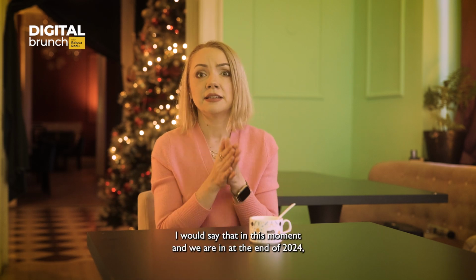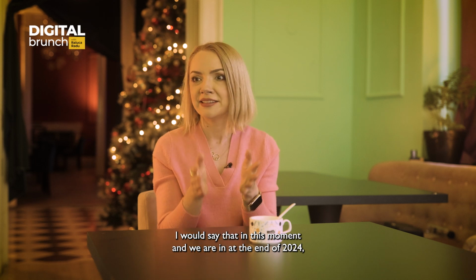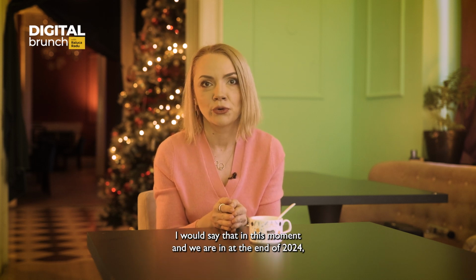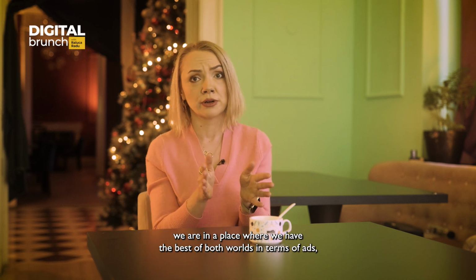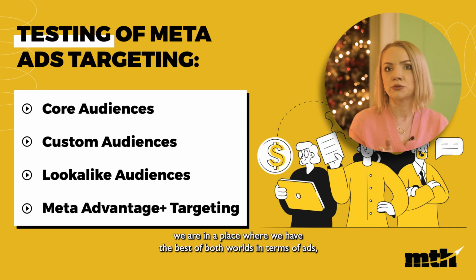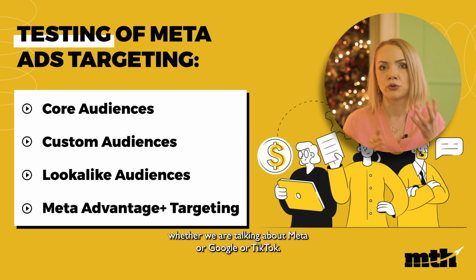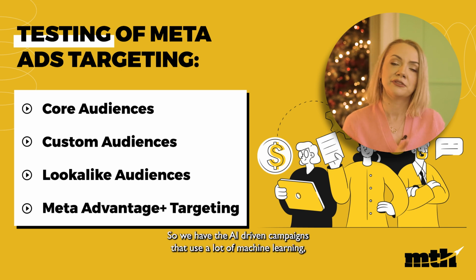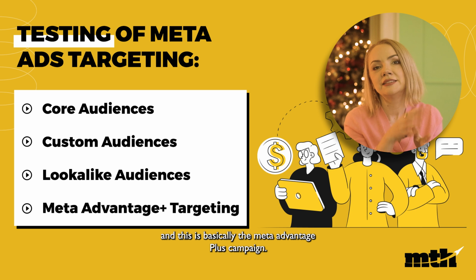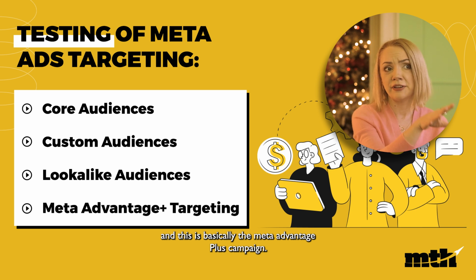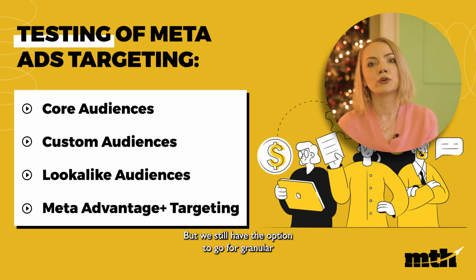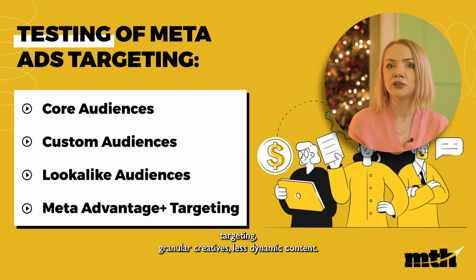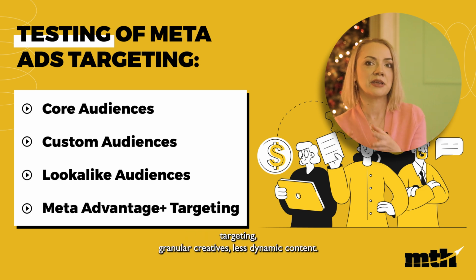I would say that at this moment, at the end of 2024, we are in a place where we have the best of both worlds in terms of ads, whether we are talking about Meta or Google or TikTok. So we have the AI-driven campaigns that use a lot of machine learning, and this is basically the Meta Advantage Plus campaign, but we still have the option to go for granular targeting, granular creatives, less dynamic content.